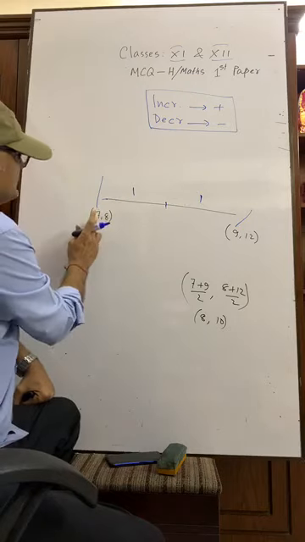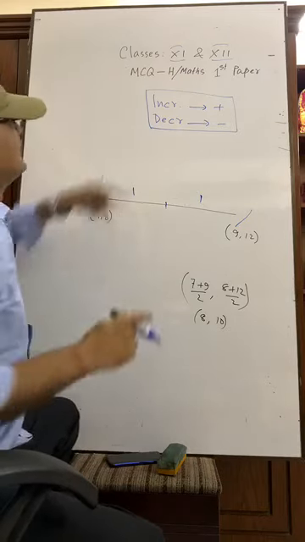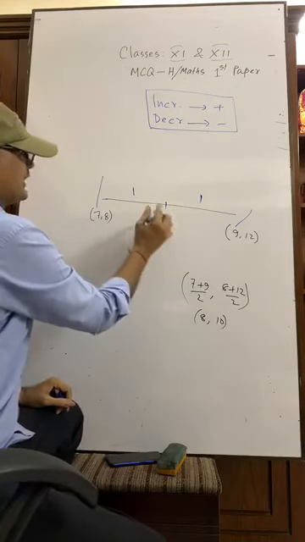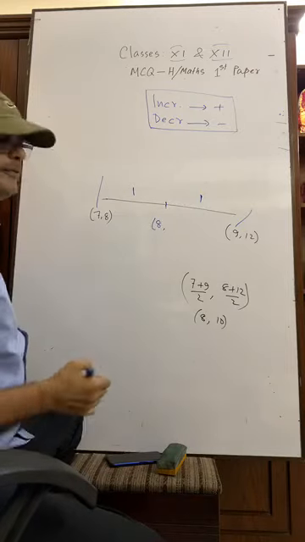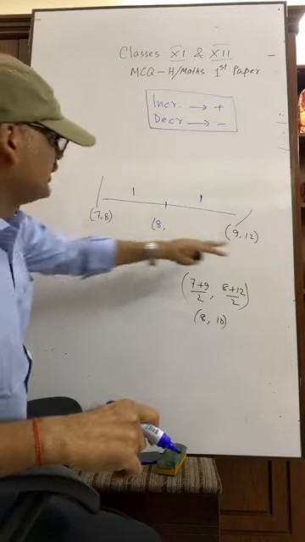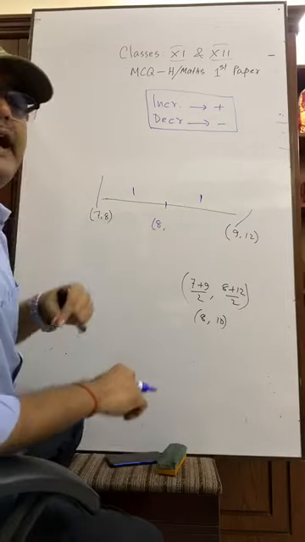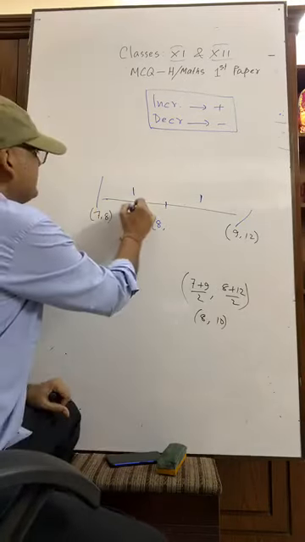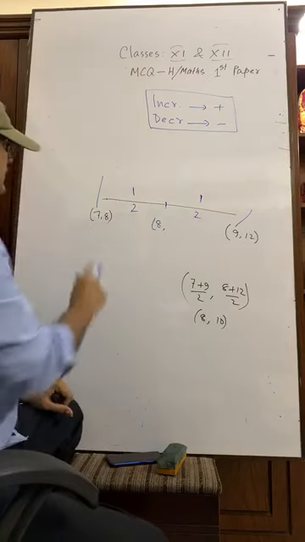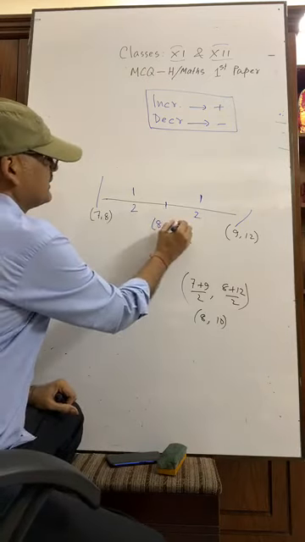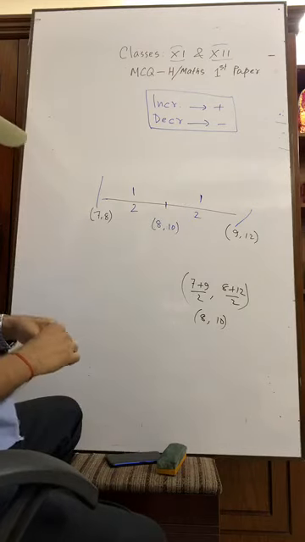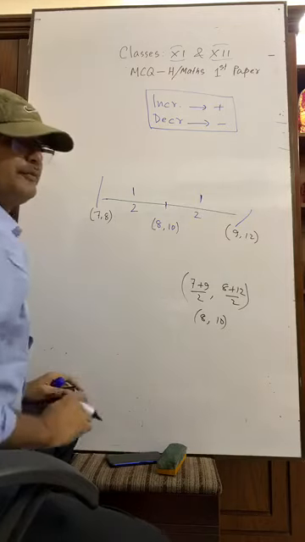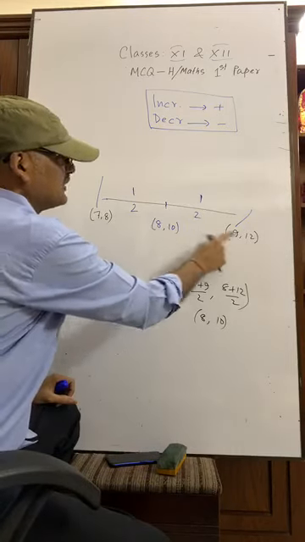It is increasing, so it will be added. I told you, increasing means addition. So 7 plus 1 equals to 8. Again, 8 and 12, what is the distance? The difference is 4. That is, it is 2. 8 plus 2 equals to 10. Interesting fact is that, please see, 8 plus 1 equals to 9. Again, 10 plus 2 equals to 12.